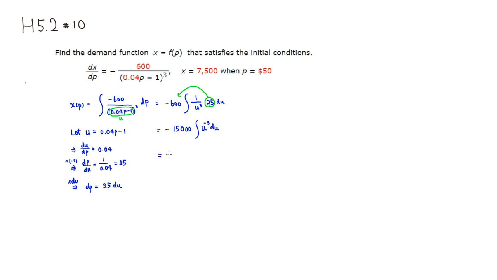So this is negative 15,000, add 1 to the power, so negative 2, divide by negative 2, plus some constant c.